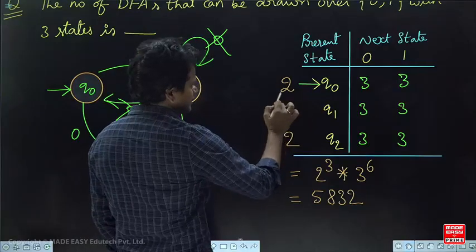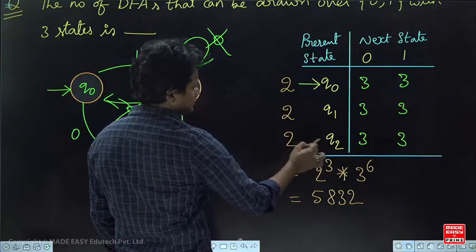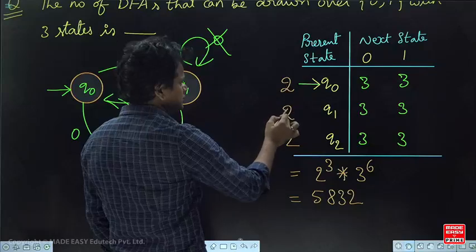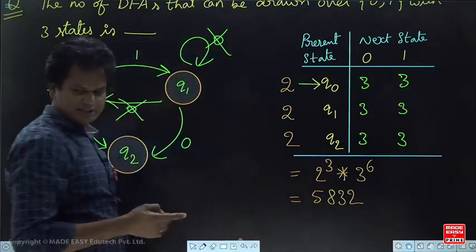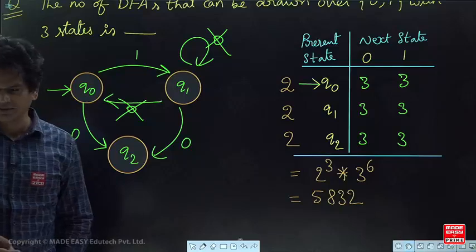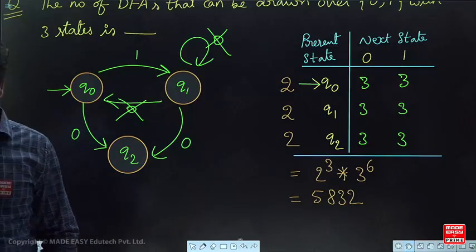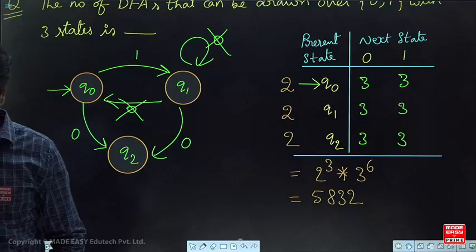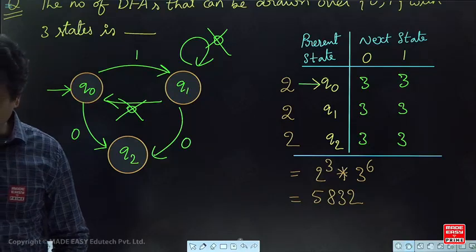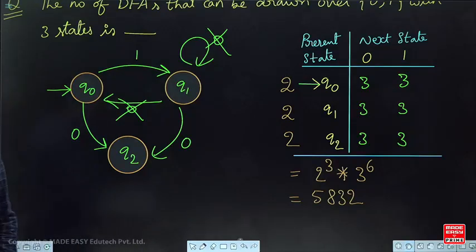Q0 final or non-final, Q1 final or non-final, Q2 final or non-final. So 2 into 2 into 2, 2 cube, 8 combinations. If I multiply by another 2, then 16 combinations will come. Abhijit, wrong answer. So 8 combinations.